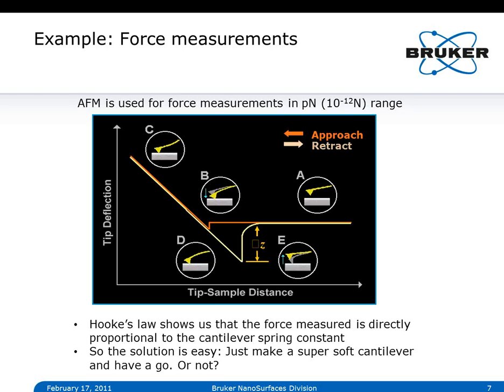So we basically already have a very simple solution. If we want to make our instrument sensitive to really small forces, we just make a super soft cantilever and have a go. Or is that not true?